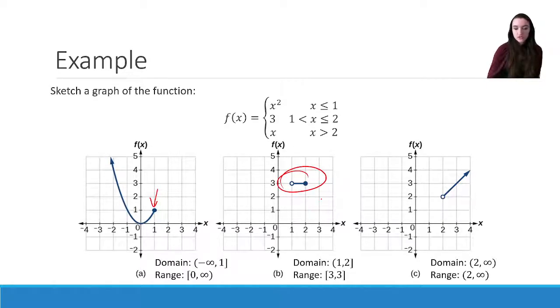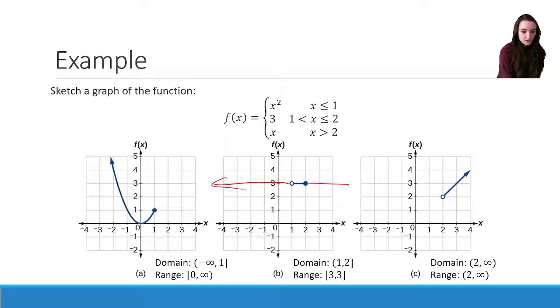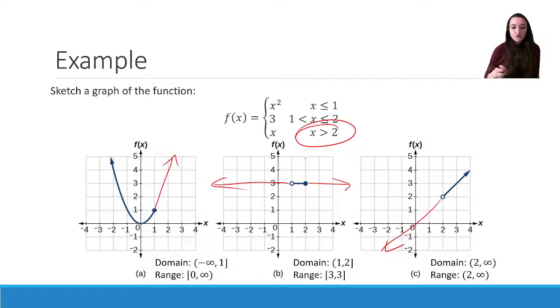So I'm only drawing that part of the graph. Of course it continues in either direction. Like the whole graph would look like this, whole graph would look like that, and then here, whole graph would look like this. But I don't care about those extra pieces. All I care about is f of x equals x when x is greater than 2. And so that's what I've drawn here, when x is greater than 2, there's that.